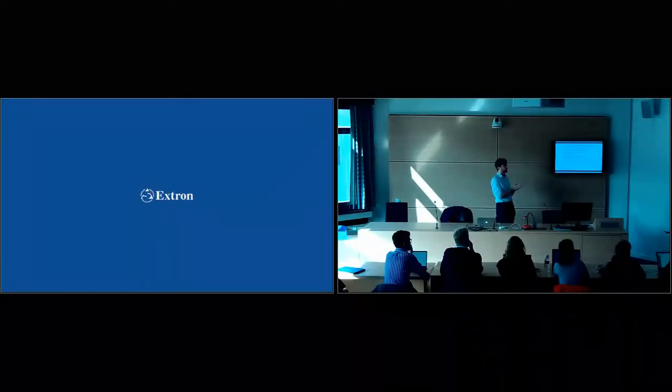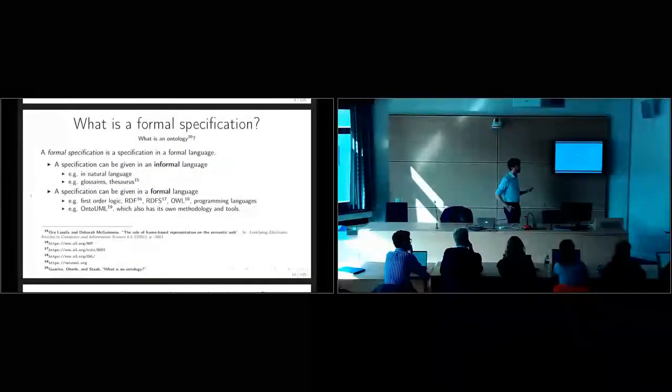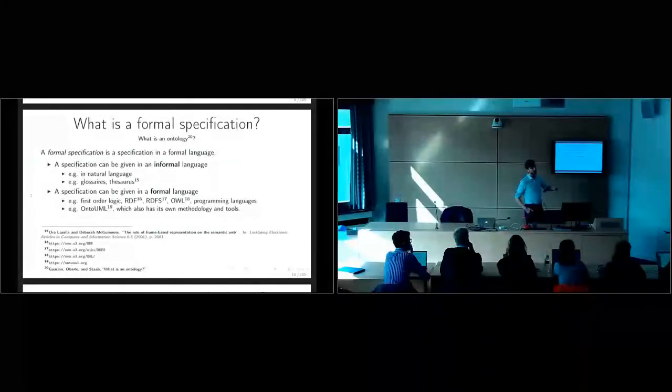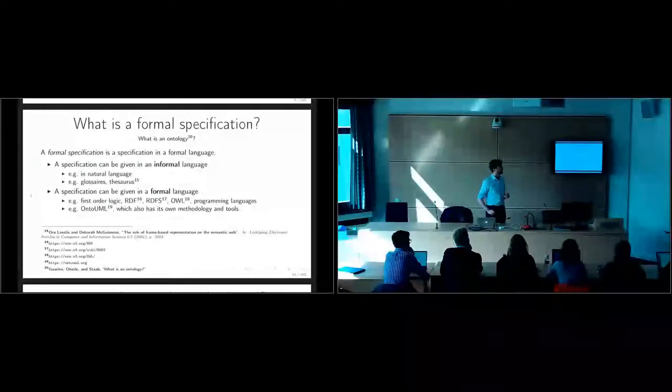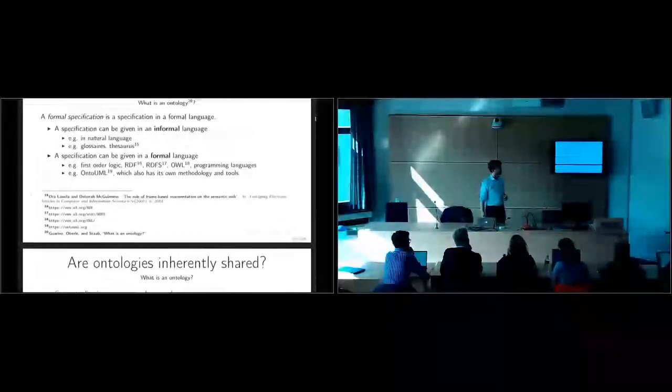There is also a specific visual language based on UML for making formal ontological specifications that is called OntoUML. It was developed by Giancarlo Guizzardi, and so it has its own methodology, its own tools for developing ontologies. You can find all the documentation about this in the appendix.